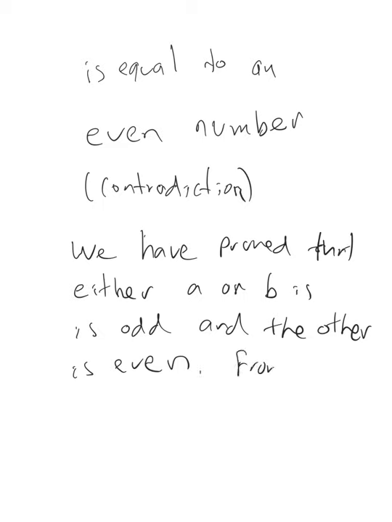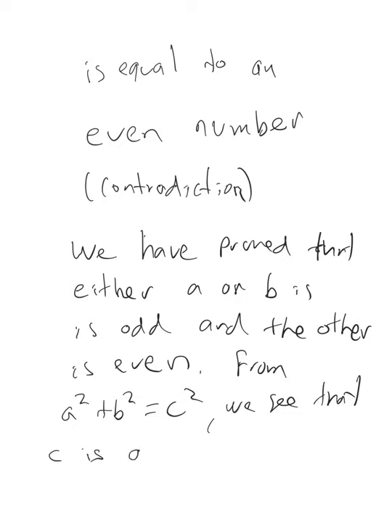And from the equation A squared plus B squared is equal to C squared, we see that C is also odd. Now that statement itself can also be proved. That'll be a homework assignment in the near future. So we see that C is also odd. So the statement that we wanted to prove has been proved.